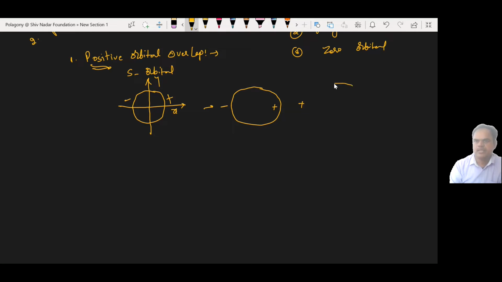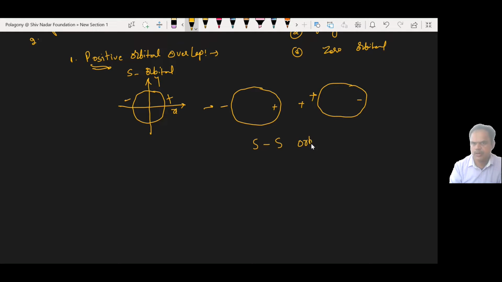Similarly, if you take another s orbital, this is the positive side and this is the negative side. Whenever two hydrogen atoms or two atoms containing s orbitals approach each other, lying on the internuclear axis, the positive side of one s orbital overlaps with the positive side of the other s orbital, resulting in positive orbital overlap.